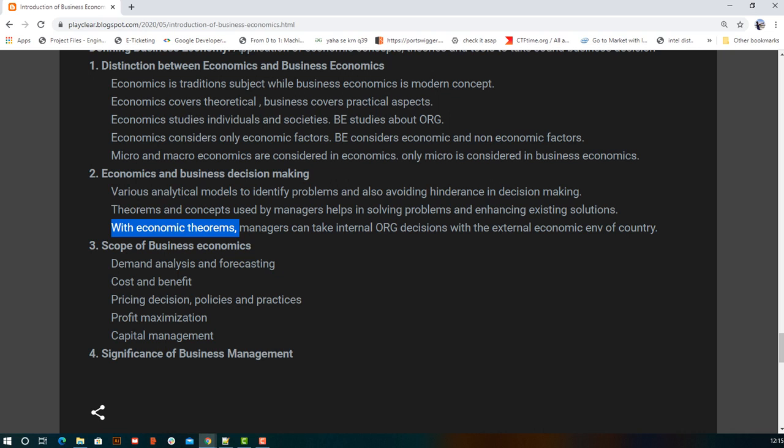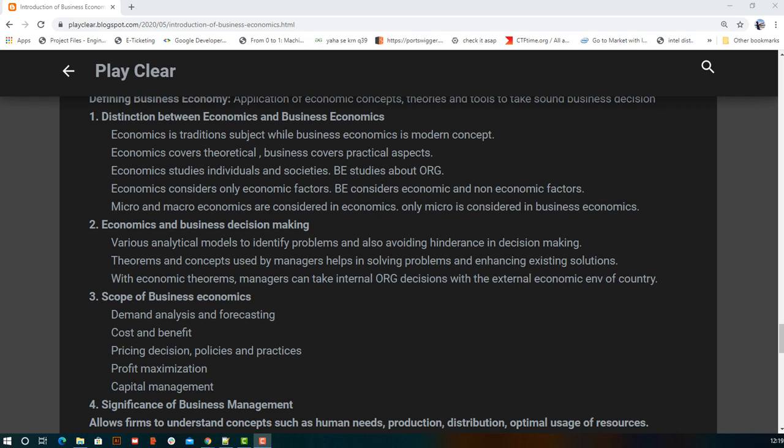Next we have the scope of business economics. We have different big topics for each of the factors.